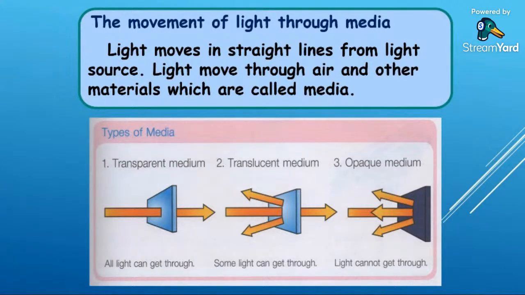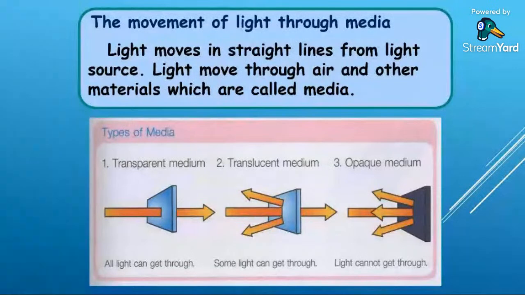So we have three types of media. We have number one, transparent medium, where all light can get through it. Number two, translucent medium, as you can see in the diagram.